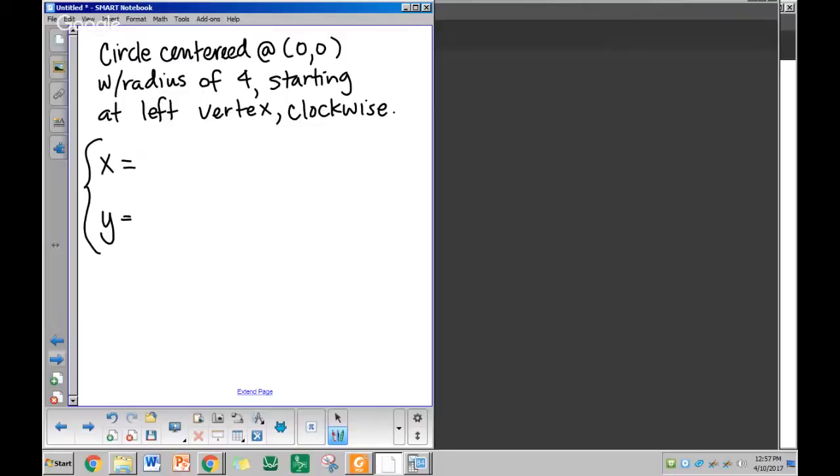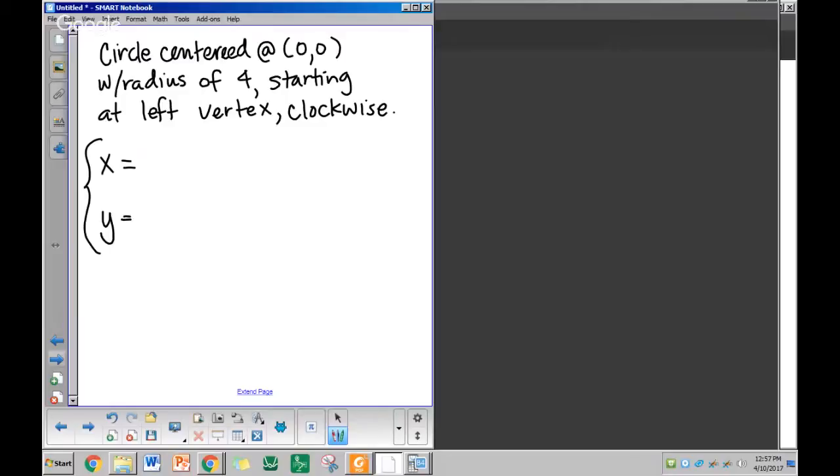So if you go back to your first page, let's think about it. We need something that starts on the left vertex. Which one of ours started on the left vertex? You only started on the left vertex when it was a cosine in the x spot, didn't you? Left or right?